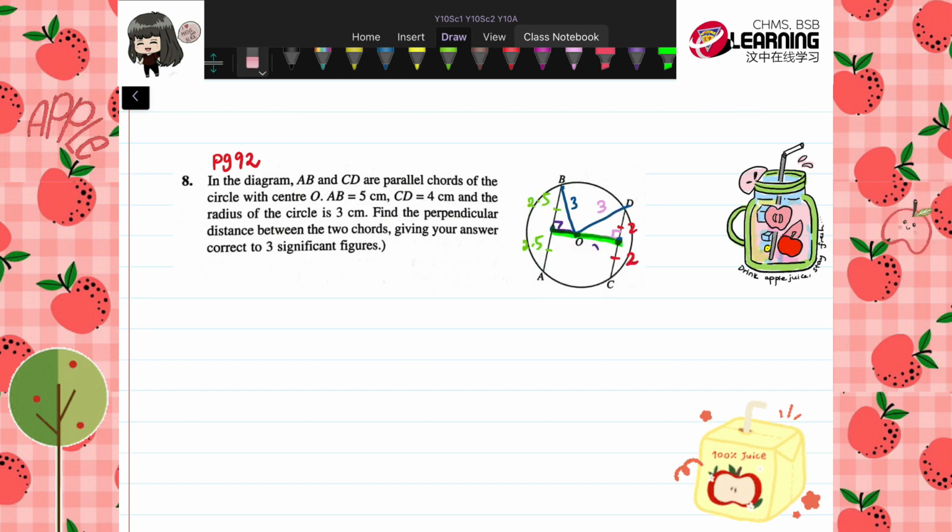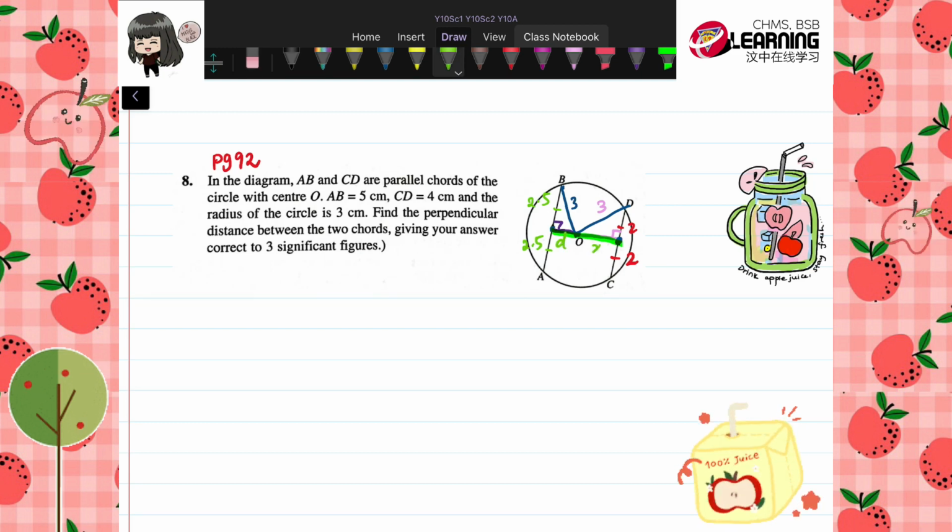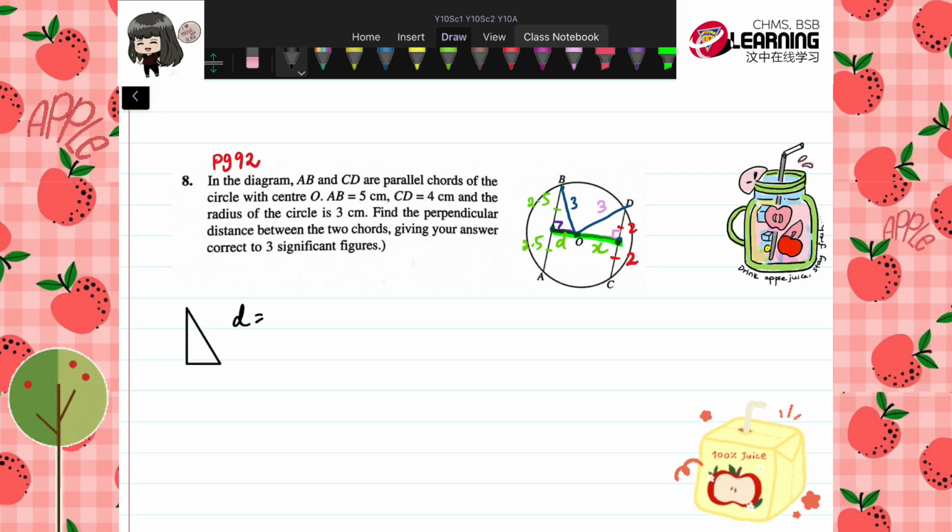Okay, let's say I put this one as D, this one I put X. I find my D first. We can use Pythagoras' theorem here. The triangle is like this, 90 degrees, 3, your B, your O, your D, and your 2.5.